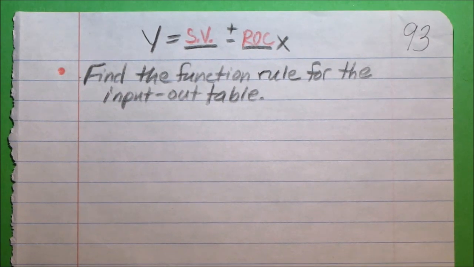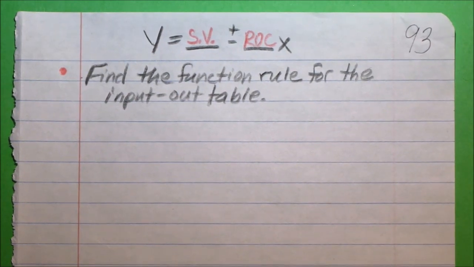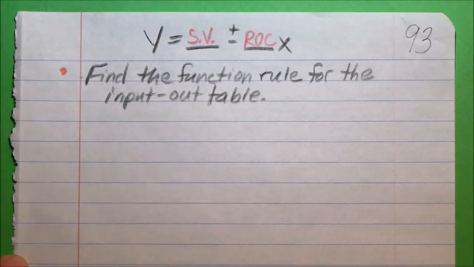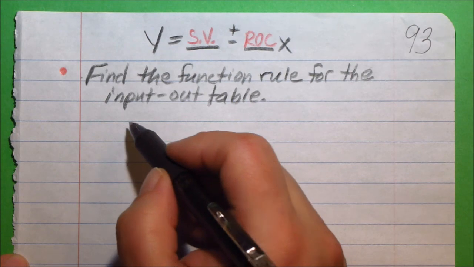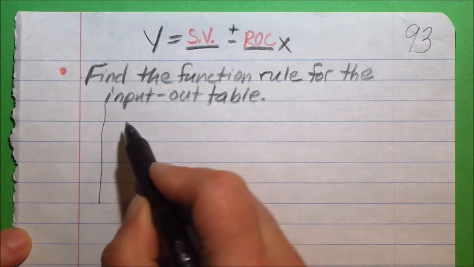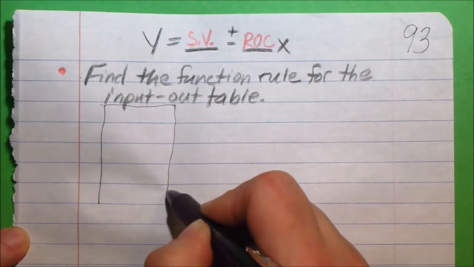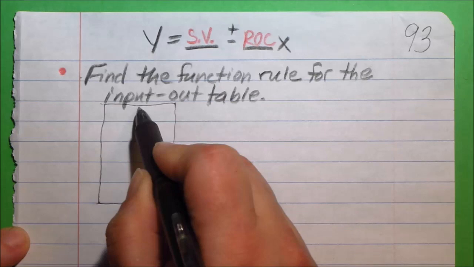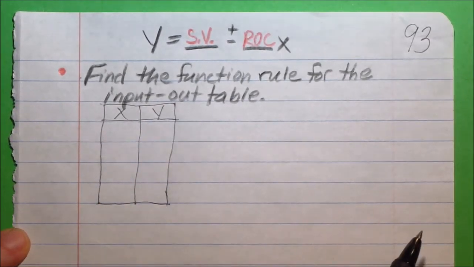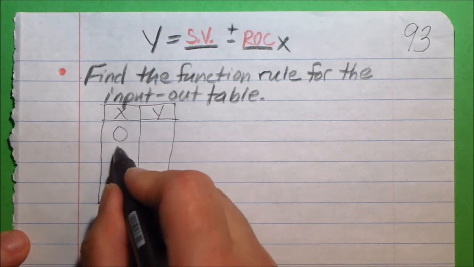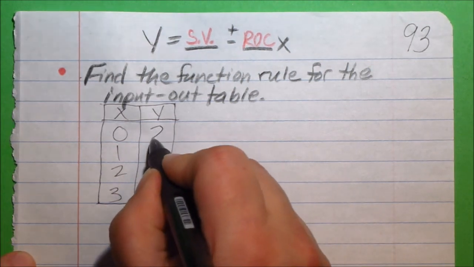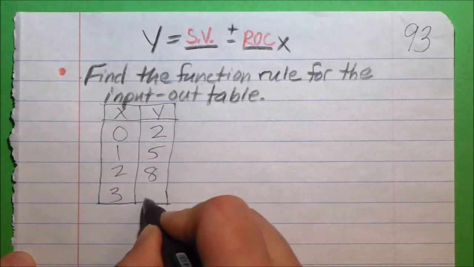So you can see a little bit more what you'll be expected to do on your worksheet. All right, so I'm going to have a very simple table set up right here, split it in half, and we've got x and y. Here's my little input table. All right, and I'm going to have 0, 1, 2, and 3. And my y values are 2, 5, 8, and 11.